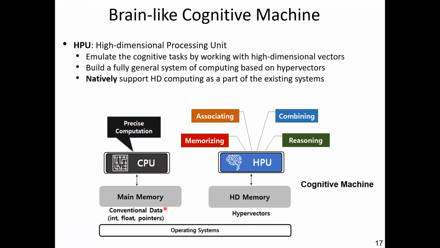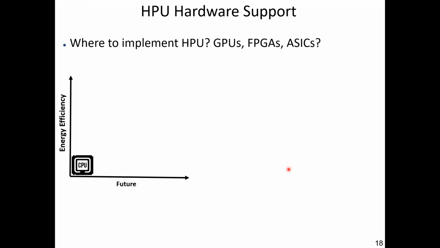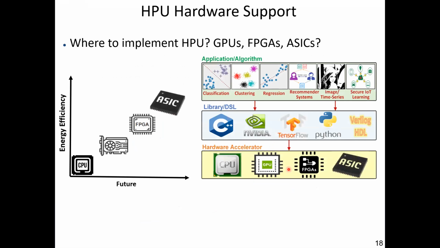Like a CPU works with integers and floating point, here everything is a hypervector for us. But the question is, where should I implement this HPU? Is it CPU, GPU, or any other hardware? The answer is that it can be anything. It can be your CPU, it can be GPU, and so on.